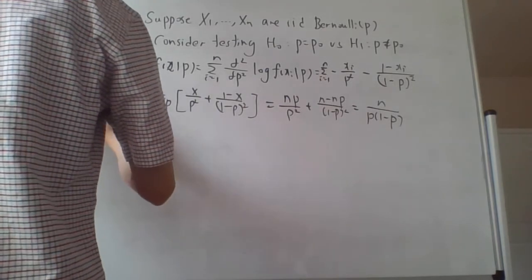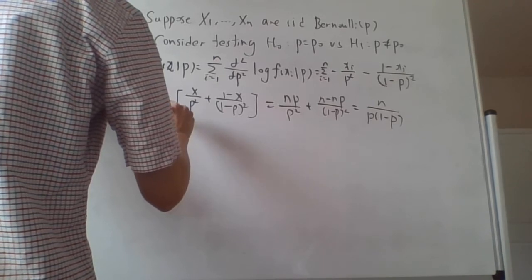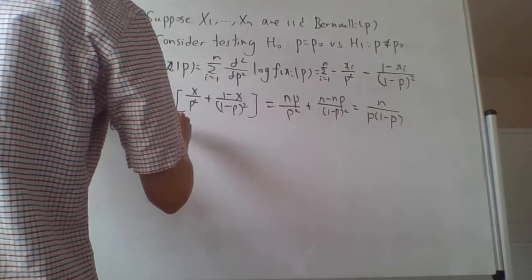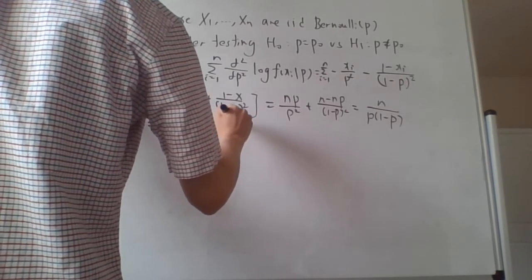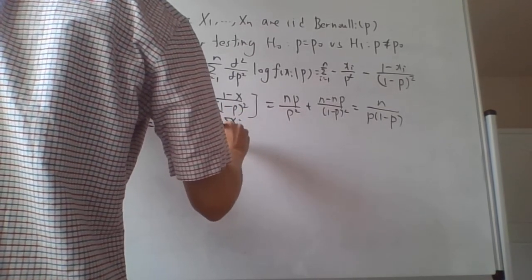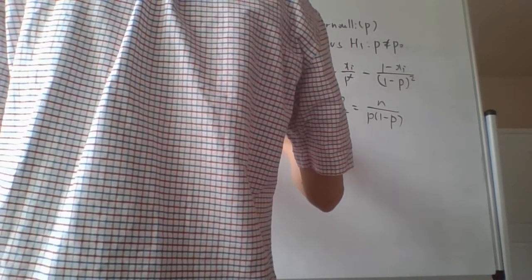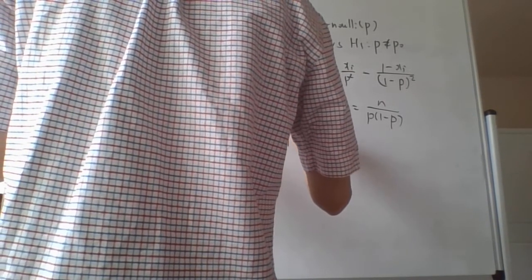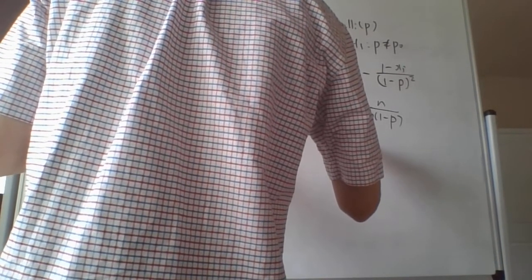Then here S(P0) is sum of xi divided by P0 minus sum of xi divided by 1 minus P0, and the information number at P0 is n divided by P0 times 1 minus P0.